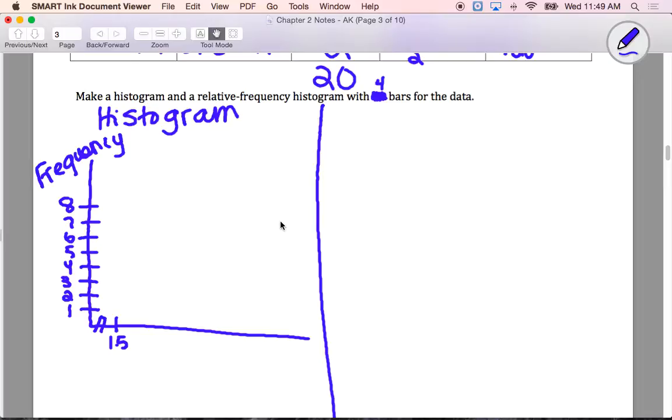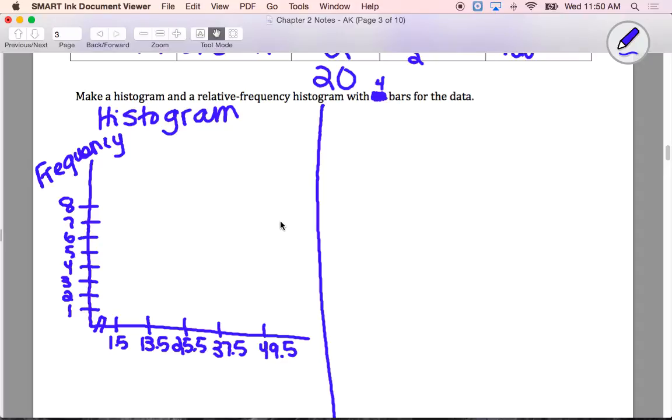Since those are different distances, we use 2 hash marks there to mark a jump from 0 to 1.5. So I've got 13.5, I've got 25.5, 37.5, and 49.5. So you're going to put all of your class boundaries on the x-axis.